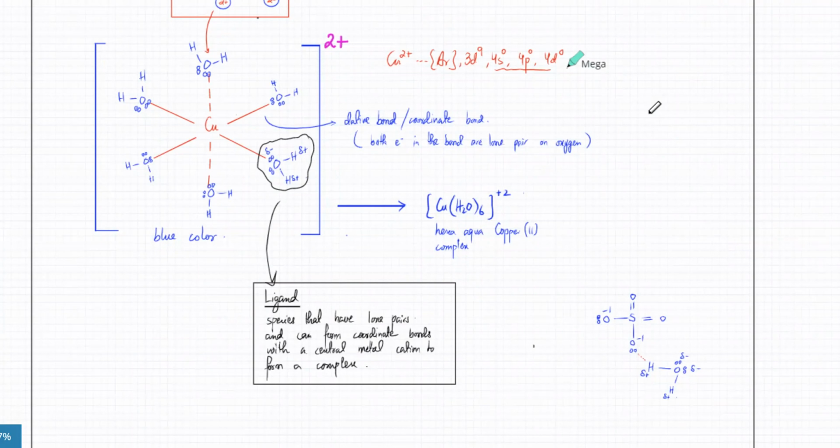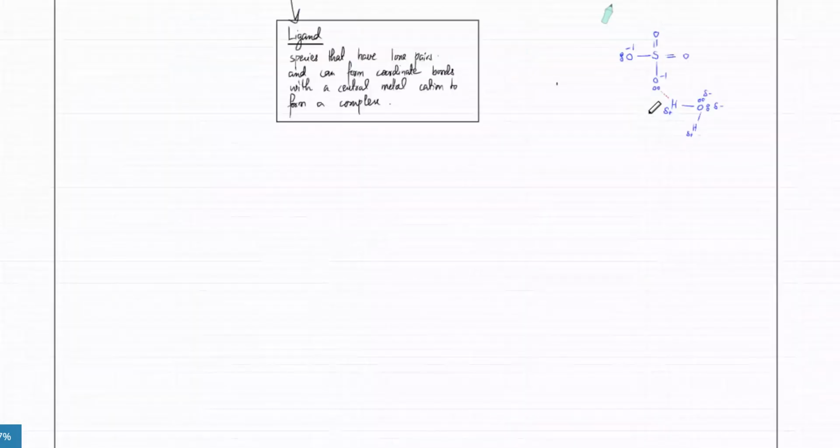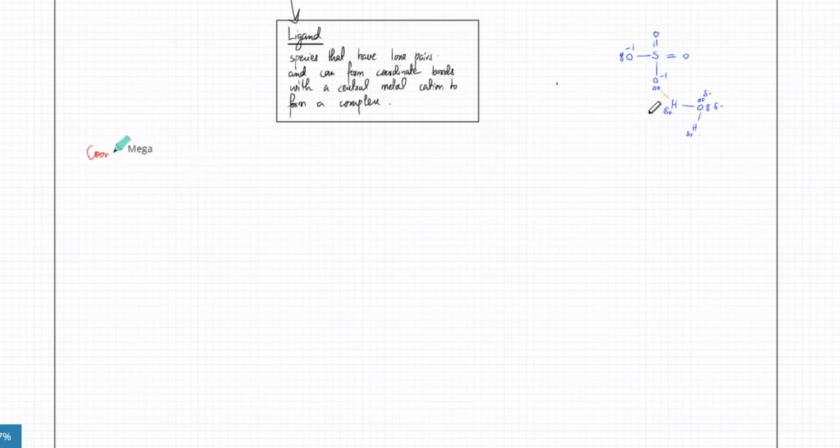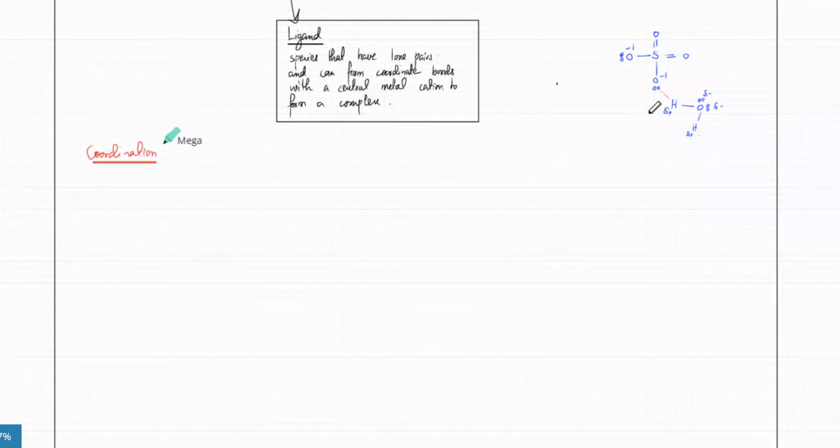So now, just quickly, coordination number, I'll just end it over here. This is the first one that we drew. Coordination number is the number of coordinate bonds in a complex. It could be any number.